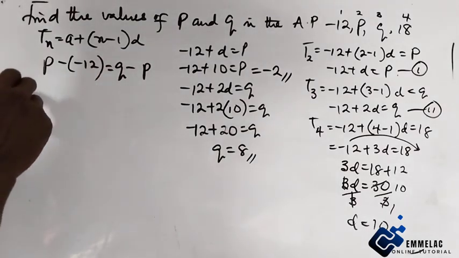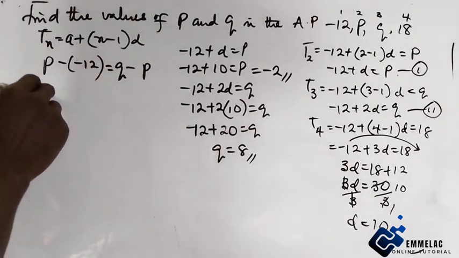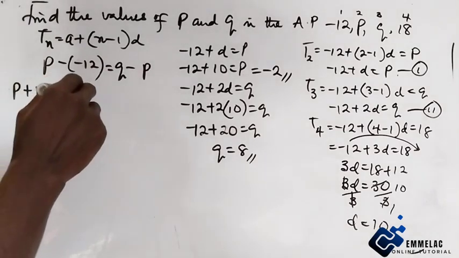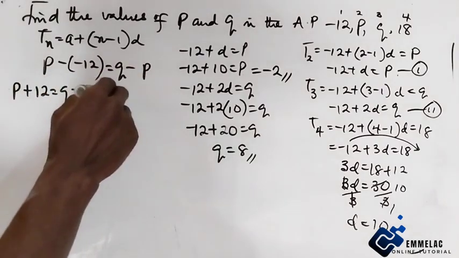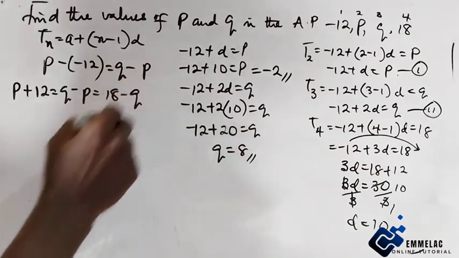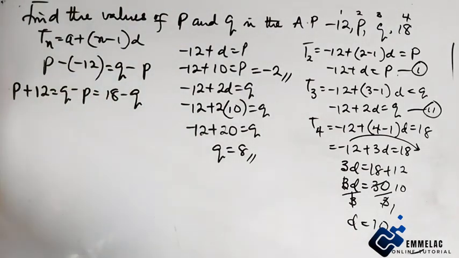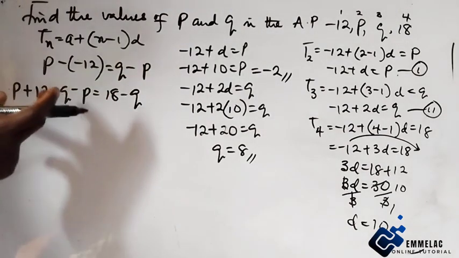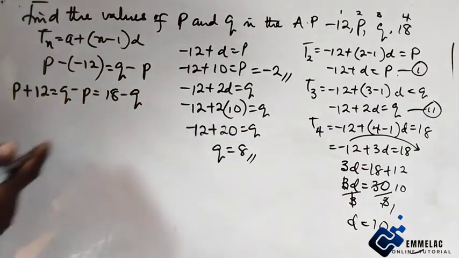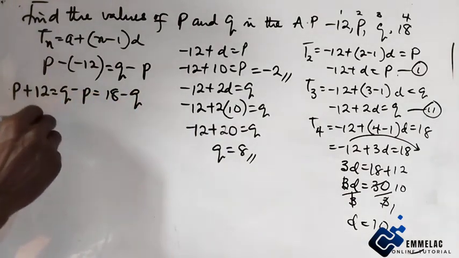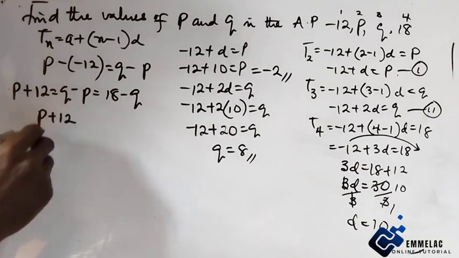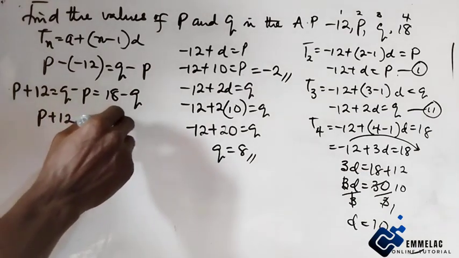So here we have P plus 12 equals Q minus P, then equals 18 minus Q. With this, you can also get the value of P and Q. In a nutshell, this is P plus 12 equals Q minus P.